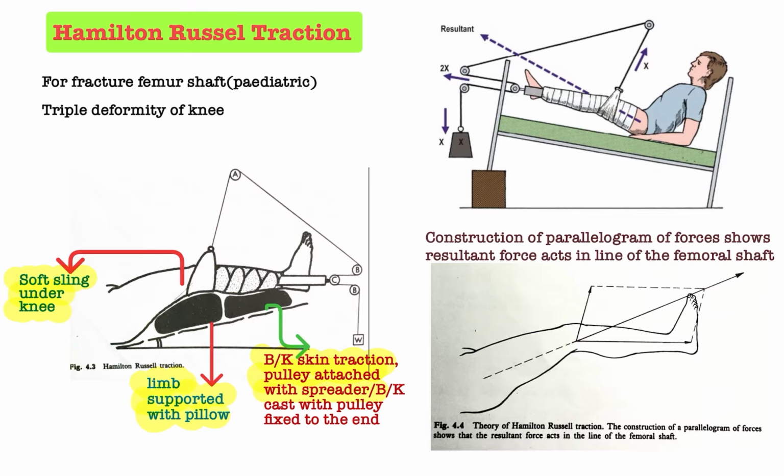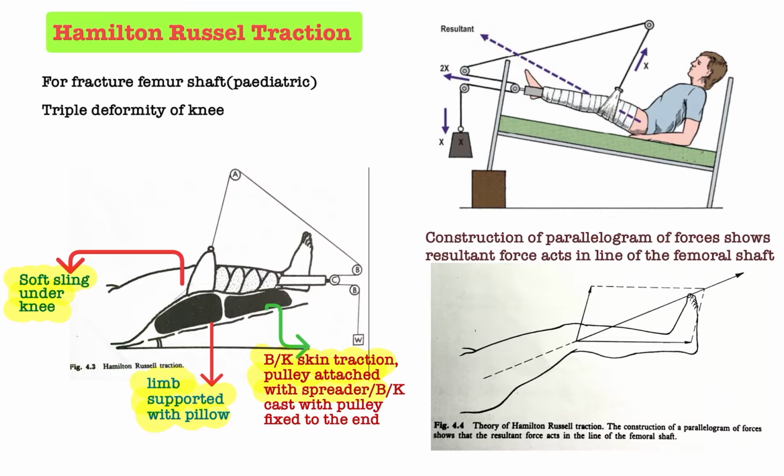You can see that through these two sets of pulleys, one force is acting in the direction anterior to the knee, and another force is acting in the direction distal to the leg.